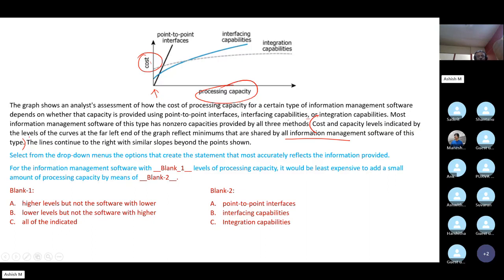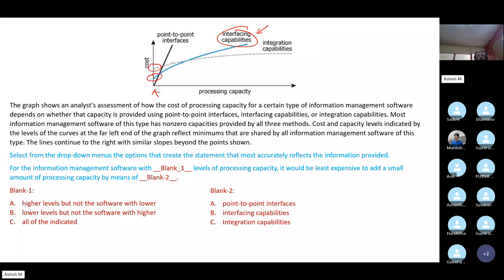What it means is that this point is not zero. Even if, let us say, you choose interfacing capabilities, what this shows is that even if you are looking at providing zero processing capacity through interfacing capabilities, you still have to pay something.